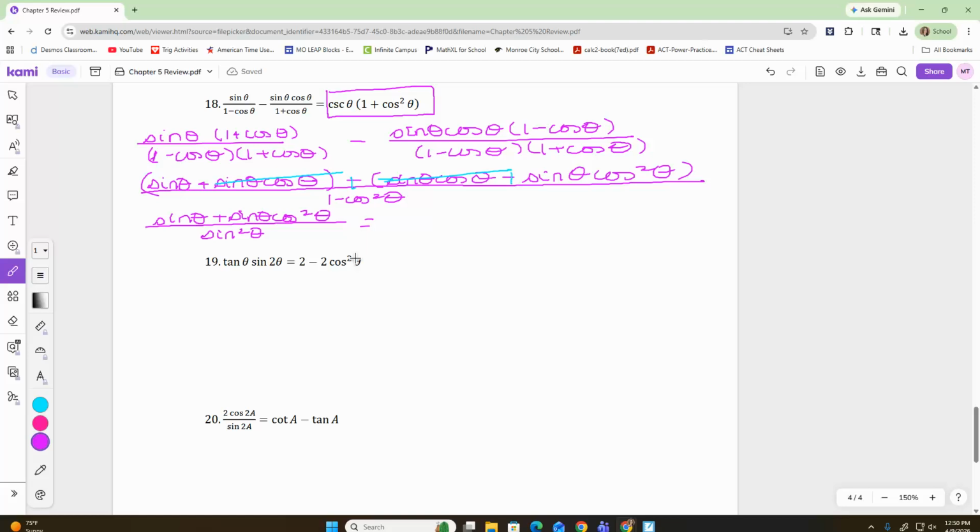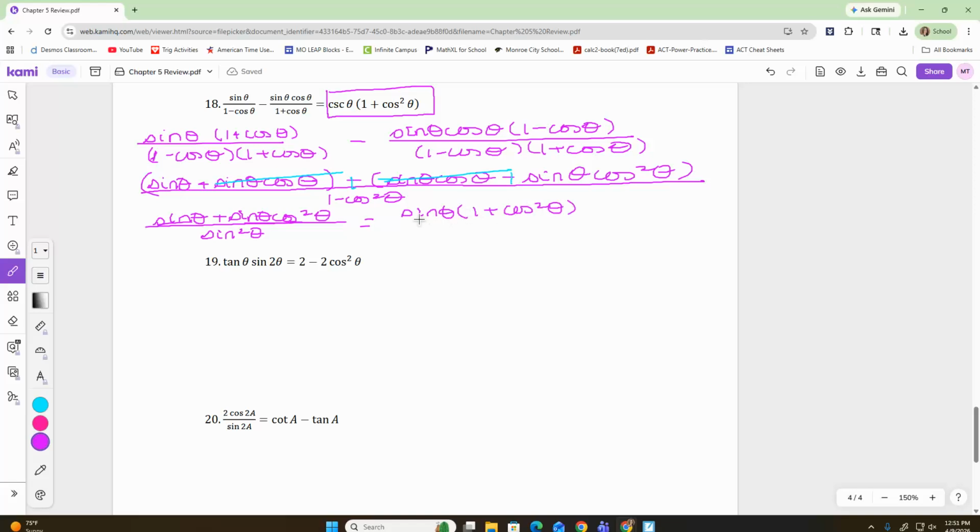All right, look at our goal, because it may not be obvious where to go next here. But if I look at my goal, I want things multiplied together. So if I'm going to turn this into a multiplication problem, what do I have to do? So we have a couple different options. The easiest one though, could we just factor? On the top, they both have a sine. So if we take out a sine theta, that leaves us with 1 plus cosine squared theta.